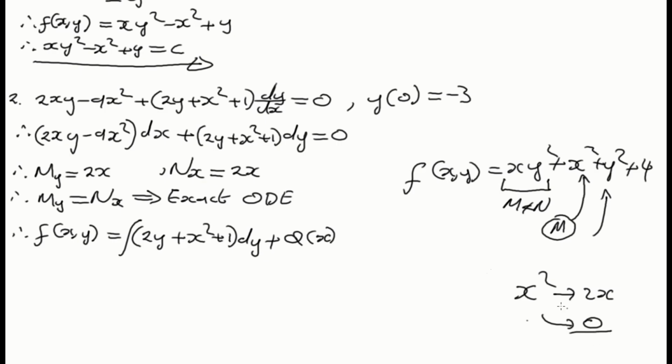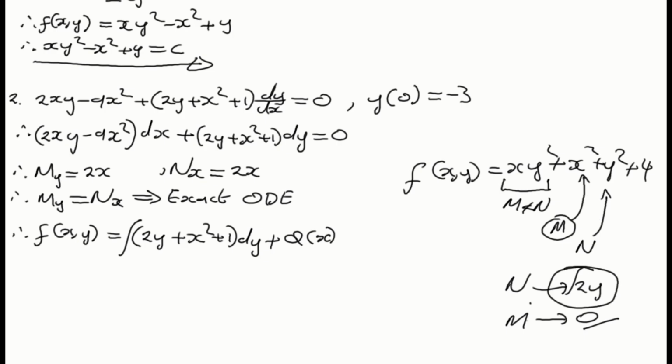It is lost. And then the y only terms will be recovered from the N function. When developing N, y squared will be 2y, so you just have to perform integration. But when developing M, y squared will be 0. It is lost. We can only recover the y only terms from the N function.